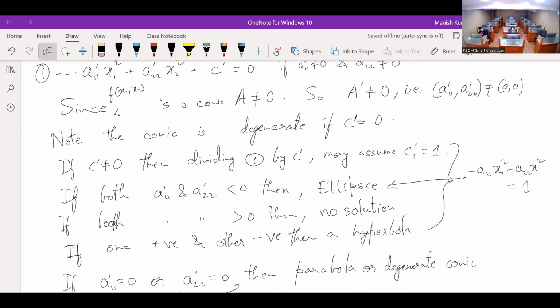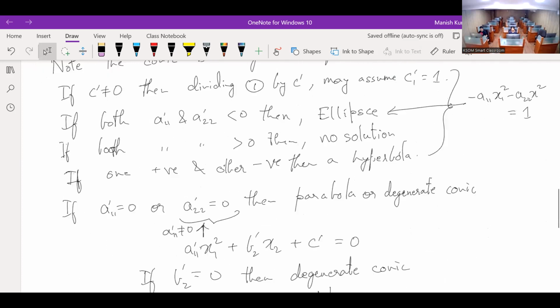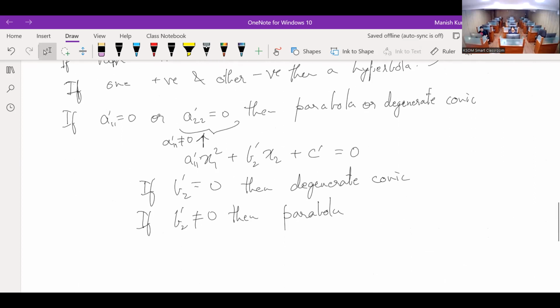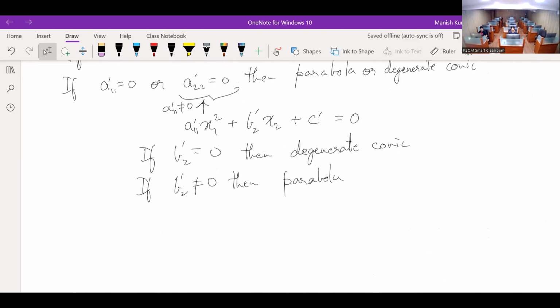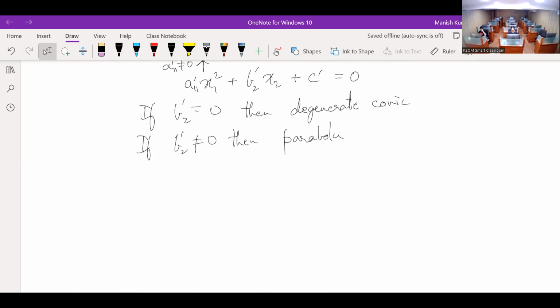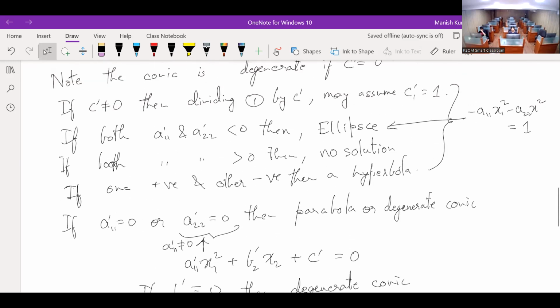If both eigenvalues are non-zero, then it is either an ellipse or a hyperbola, depending upon whether they have the same sign or opposite signs. But you'll have to rule out the degenerate conic. Of course, it may be a degenerate conic, but as long as it's non-degenerate, just by looking at eigenvalues, you can decide.